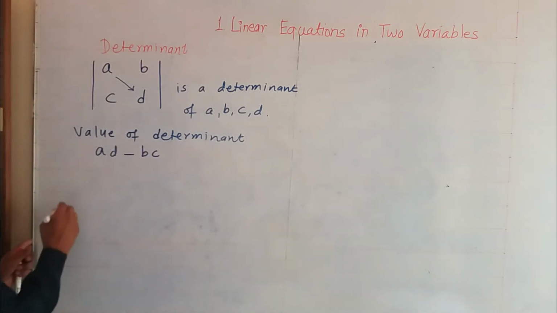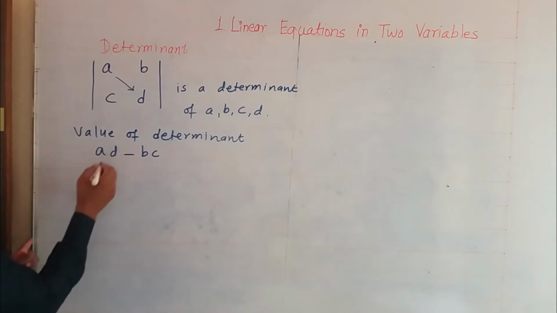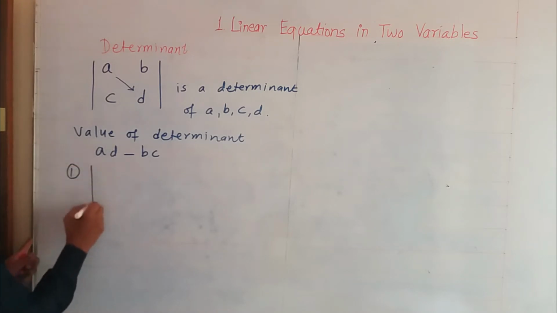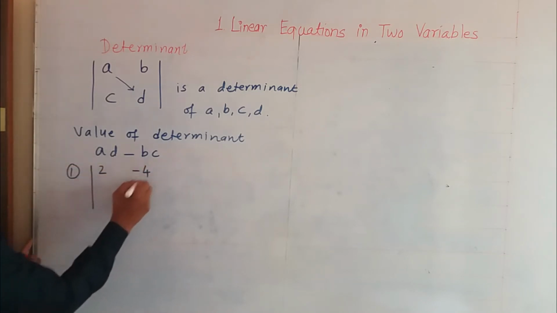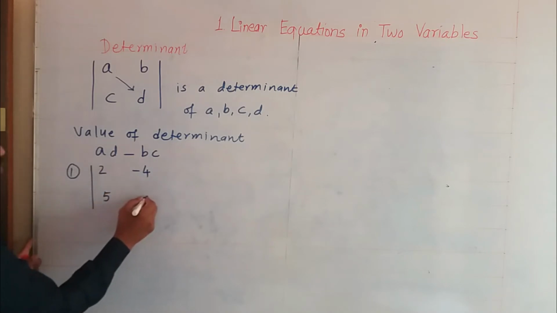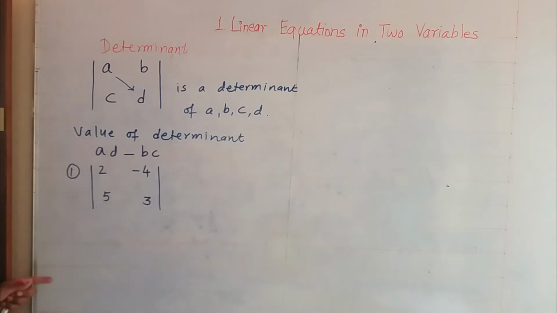Let us take one example of a determinant and find its value. Suppose there is a determinant like this: 2, minus 4, 5 and 3.